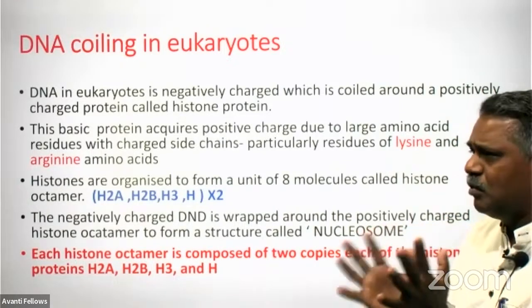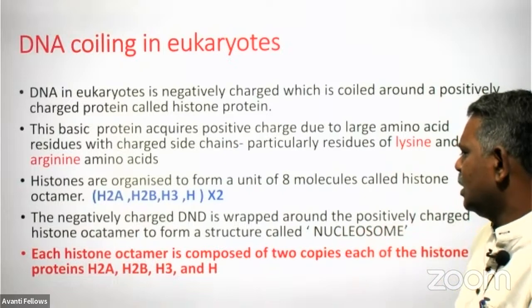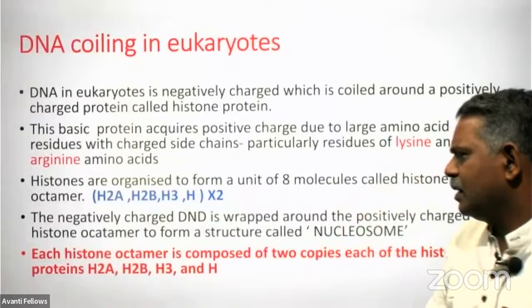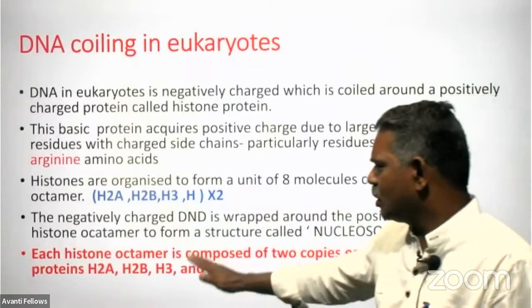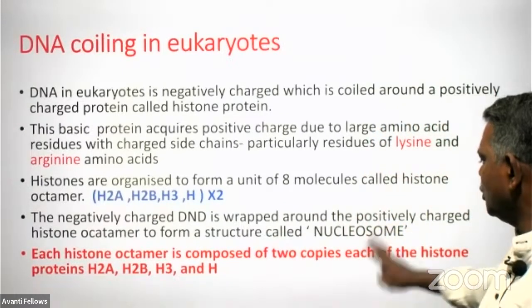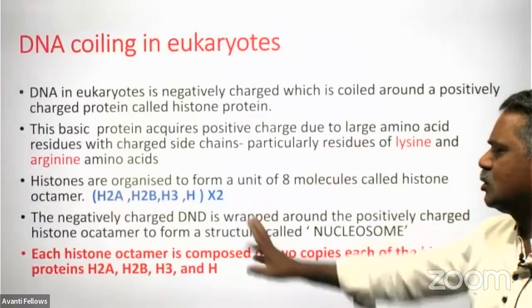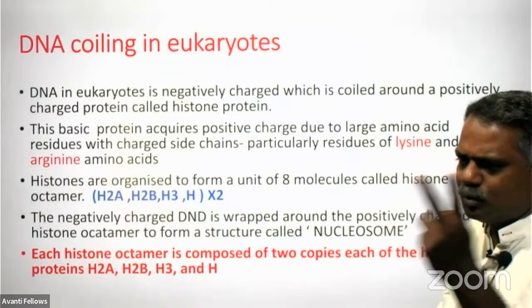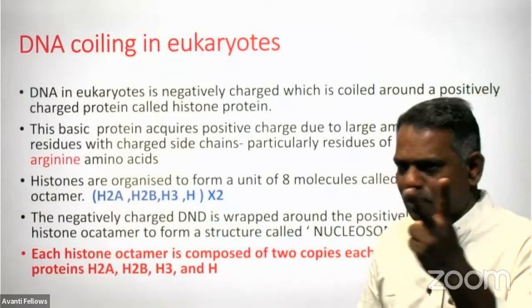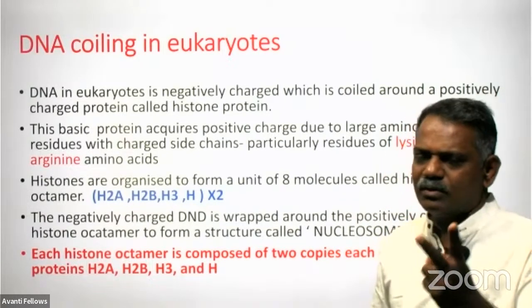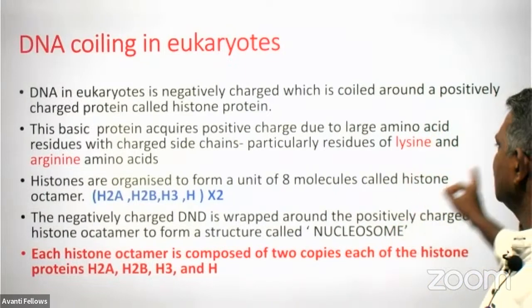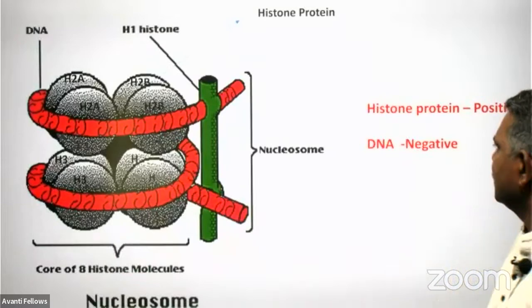Eight molecules are there in the octamer to form a structure called the nucleosome. And each histone octamer is composed of two copies of each of the histone proteins: H2A 2 times, H2B 2 times, H3 2 times, and H4 2 times. Total 8 molecules in an octamer. That we call the histone octamer.